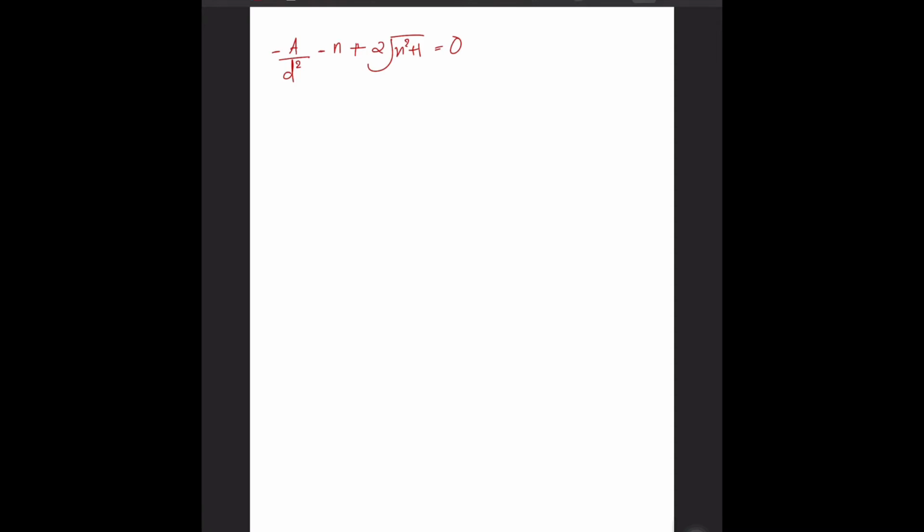Or we can write, taking A by d square and minus n to the right side of the equation, A by d square plus n is equal to 2 root of n square plus 1.